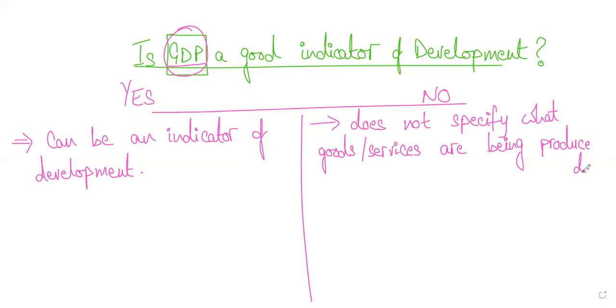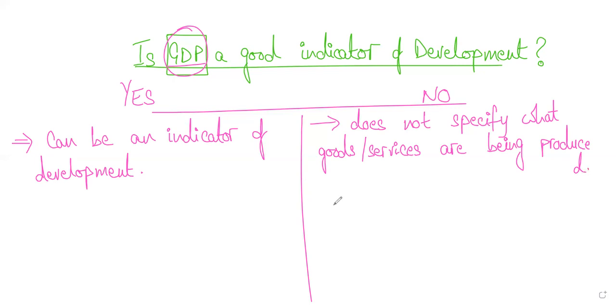Now we all know that obviously military goods are important, but military goods or defense equipment don't directly contribute to the development of a country as much as education and healthcare do. Yes or no, right? So that's the problem. It does not specify what goods and services are being produced, so that is why it cannot be a good indicator of development.